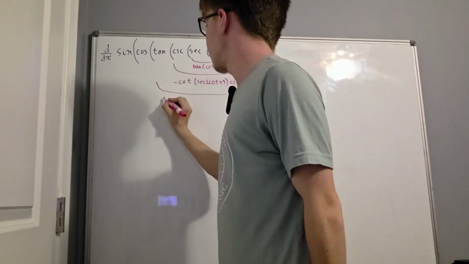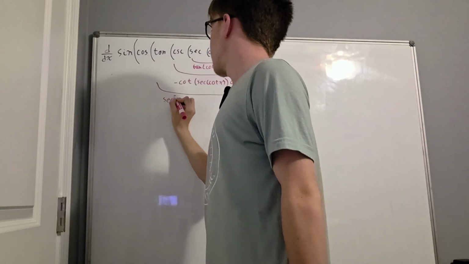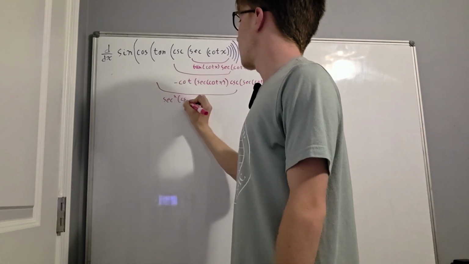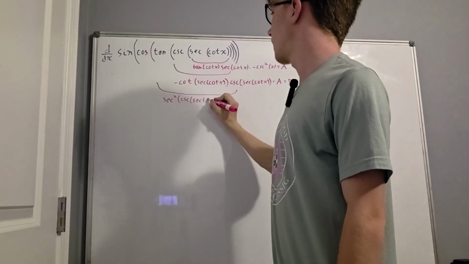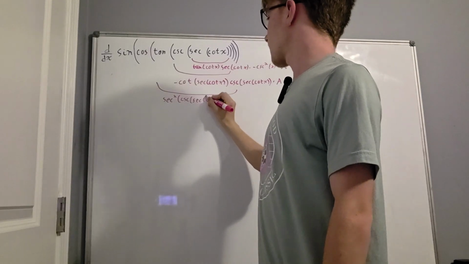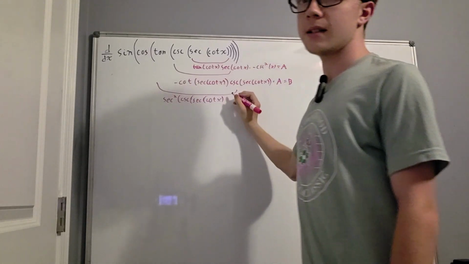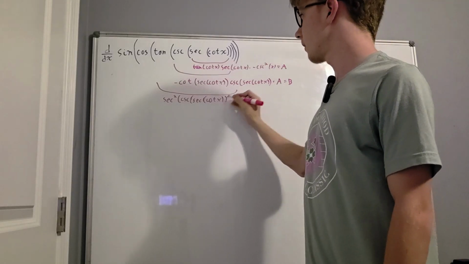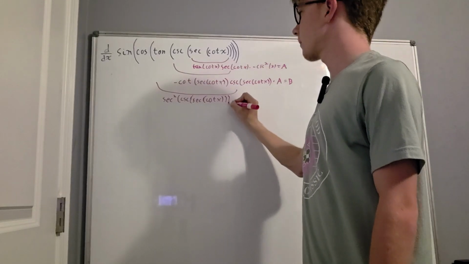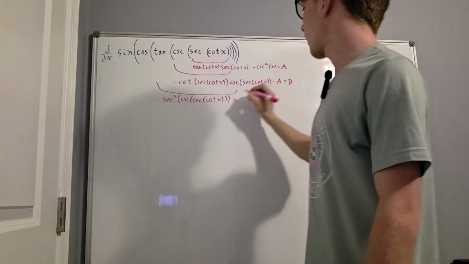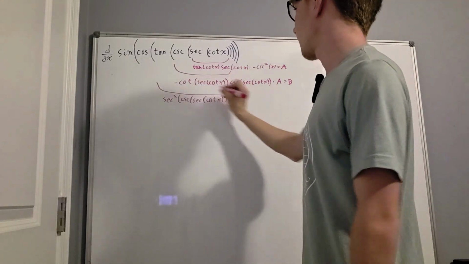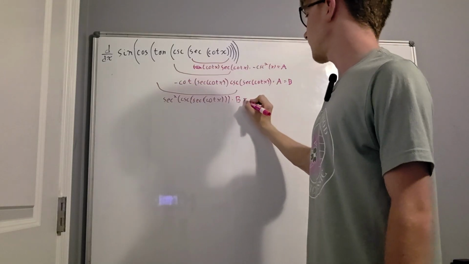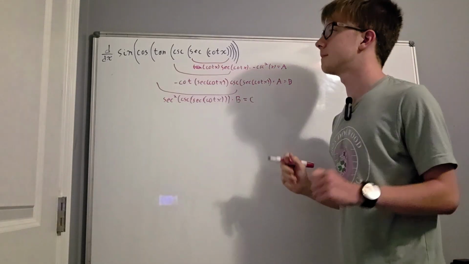It's going to be secant squared of cosecant of secant of cotangent of x. Make these parentheses a little more parenthing. That's not a word, but that's fine. All right, times b, because we're going to multiply the derivative before that, is equal to c.